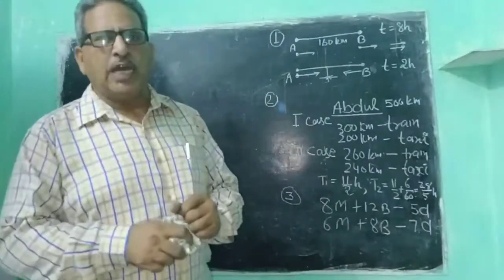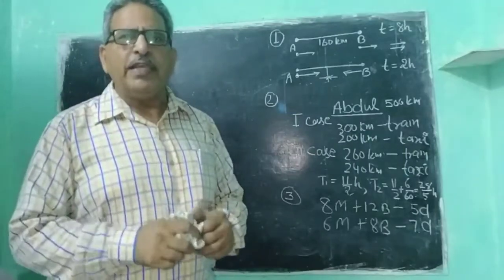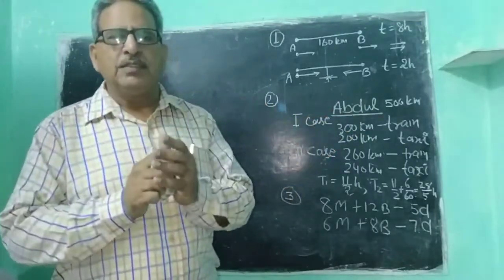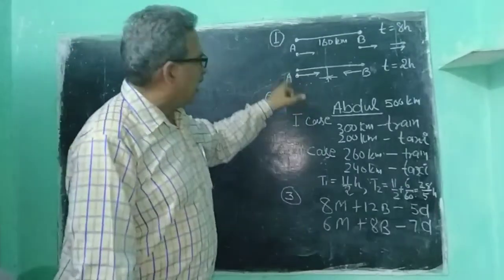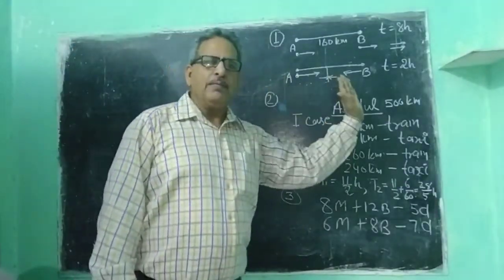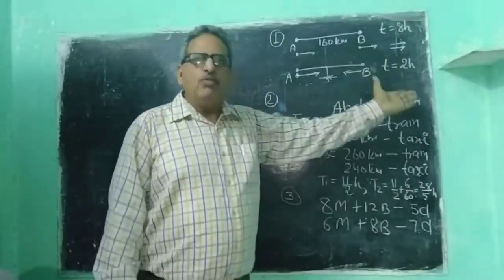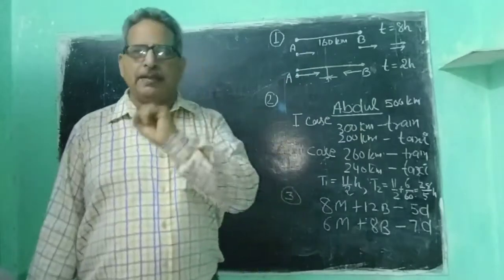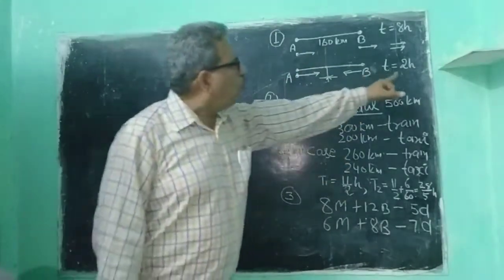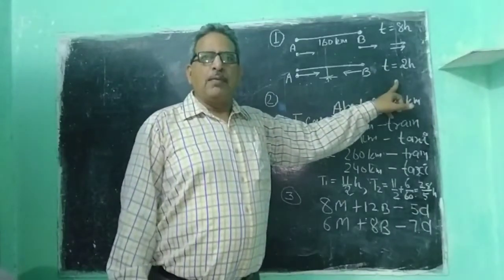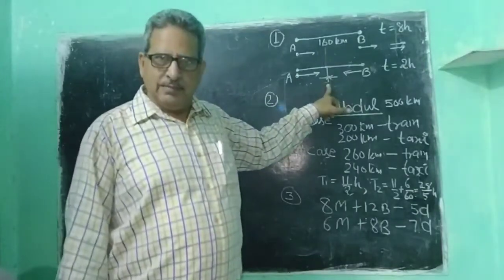And what happens in the second case? These two cars from the same stations start moving in the opposite direction. That means one car starts from A and moves to B, and the other car starts from B and moves towards A. In this case, after 2 hours, they meet somewhere here.